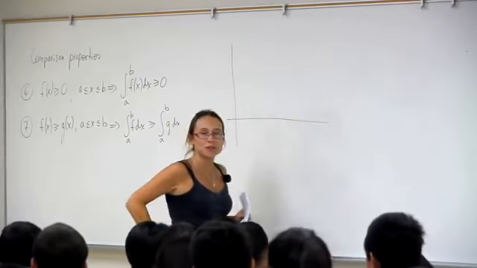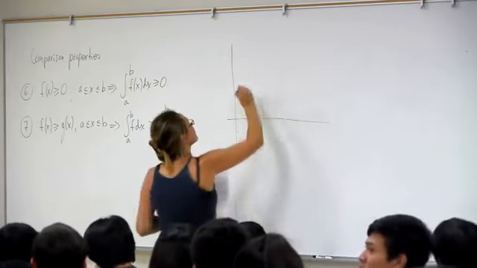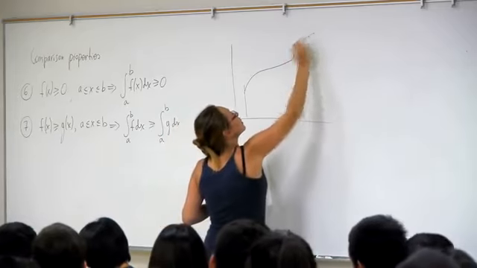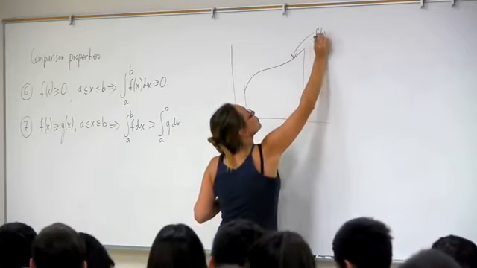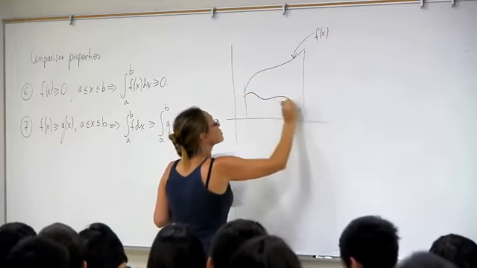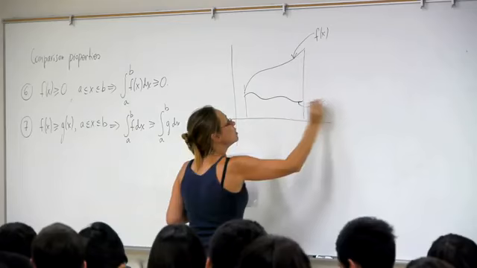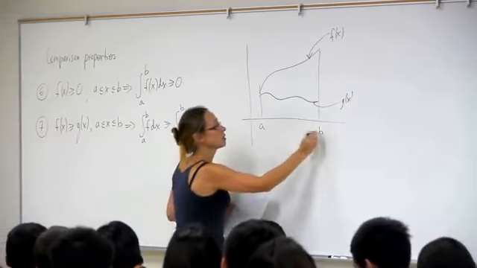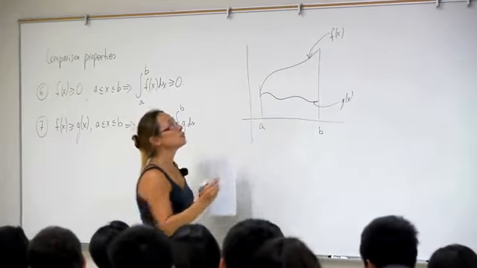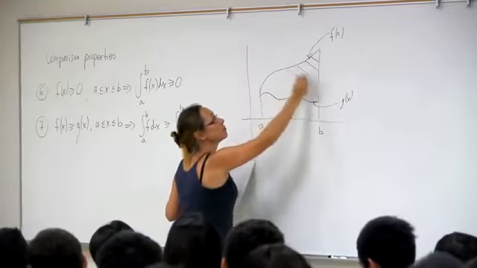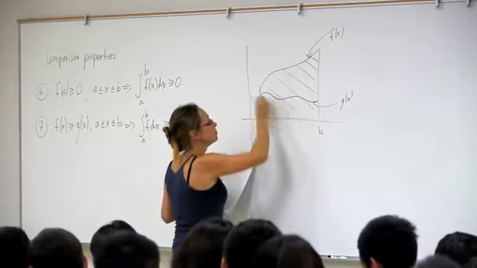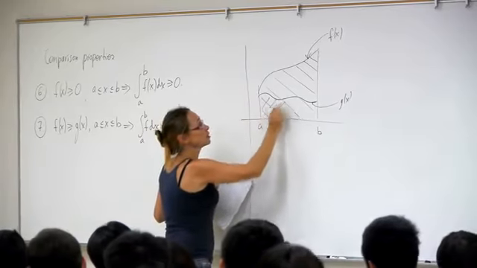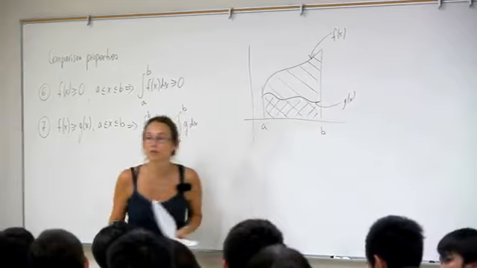Let's suppose that both functions are non-negative, okay, for simplicity. So this is the larger of the functions, f, and this is g, between a and b. So the integral of f is this whole area, and the integral of g is part of it, right?